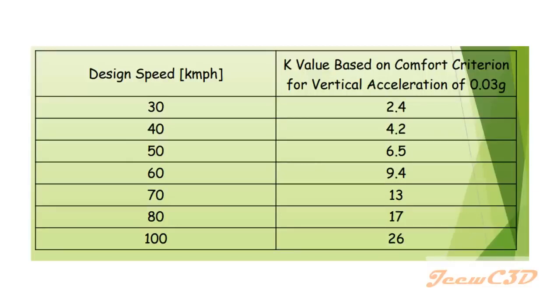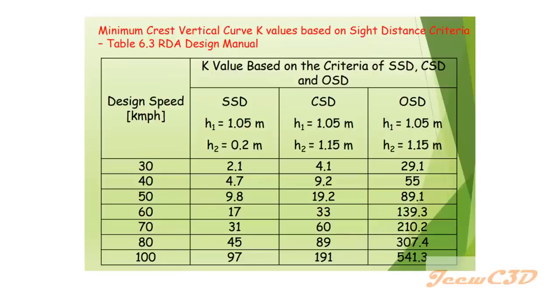When you are comparing 9.4 and 17, definitely you have to go with the 17 criteria. Otherwise, if you go with 9.4, that curve will not satisfy the SSD criteria.